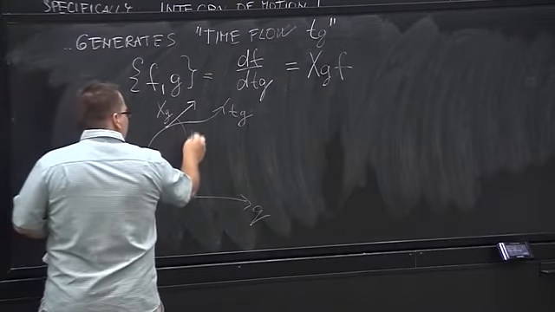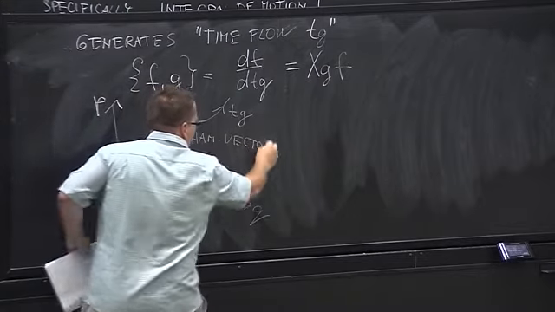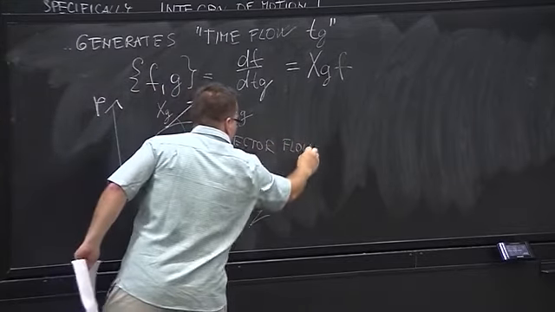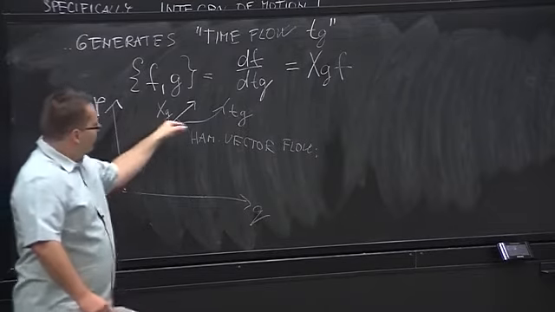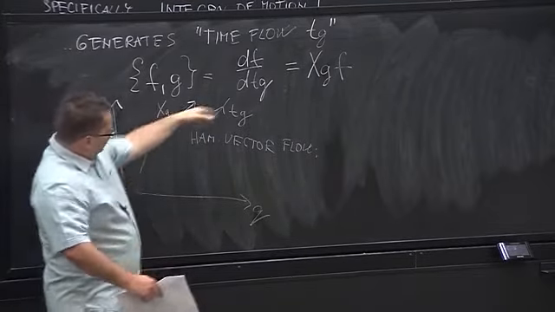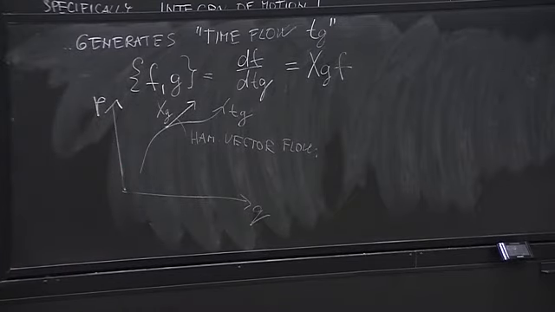This vector is called the Hamiltonian vector flow. The corresponding curve is an integral curve of this vector flow. But anyway, I'm just thinking about this as a Hamiltonian. It generates some kind of time translation in my P and Q. Okay.